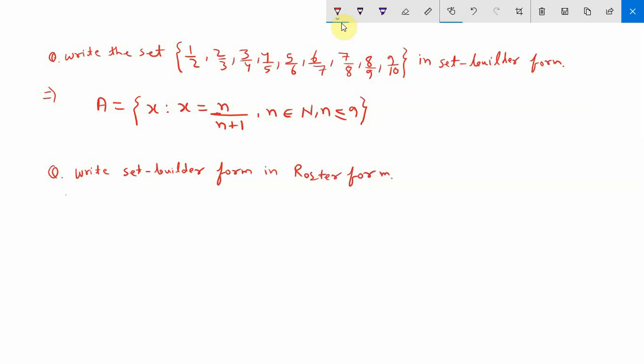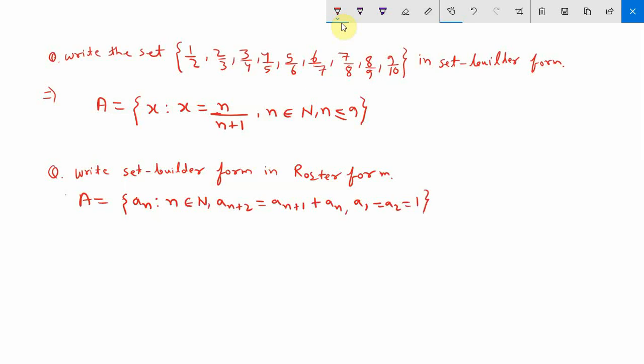So the set is given in roster form as A equals {a_n such that n is an element of natural numbers}, where a_(n+2) = a_(n+1) + a_n, and a1 = a2 = 1.